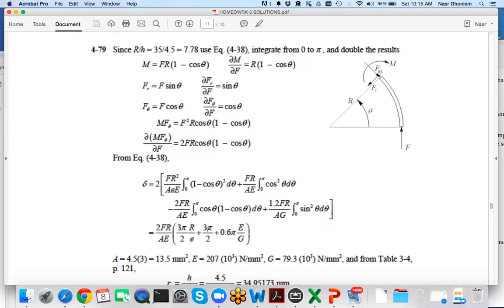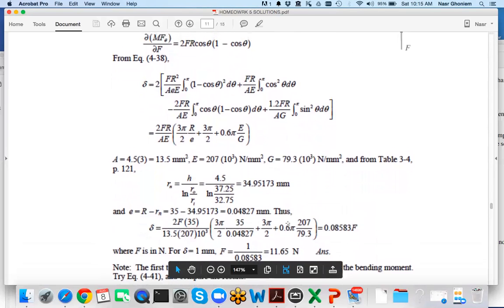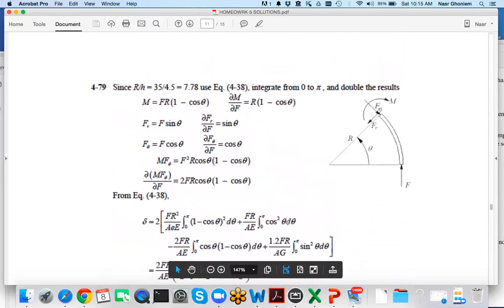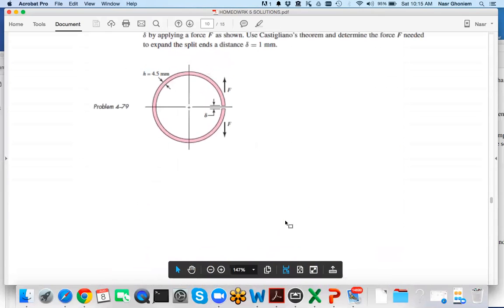But if it is a thicker arch, for example, part of a machine that has a thicker arch, then we have to also include the other contributions. So this is a quick rundown of the Castagliano problems that we could have on the final or any other possibility.